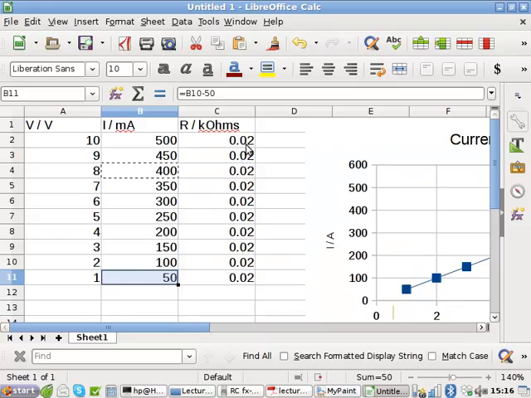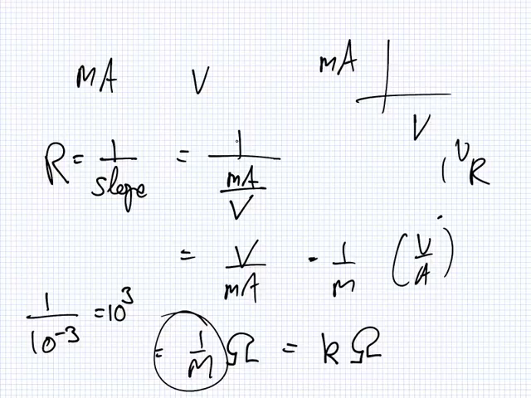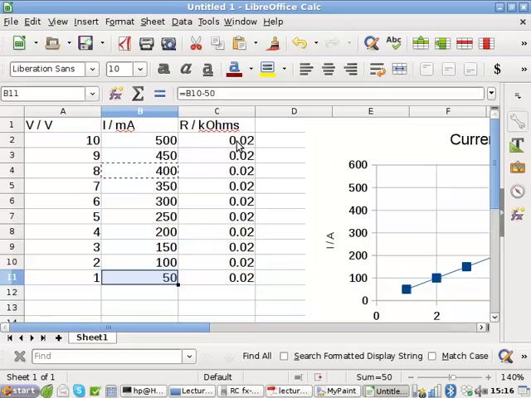Why is it kilo ohms? The reason was this here. Also, if you want to convert it into amps and not deal with kilo ohms, you can. So you could have said this is 0.5 amps. Is that what you did? Yeah, that's totally fine. So your answer is 20 ohms, which is the same thing as 0.02 kilo ohms.